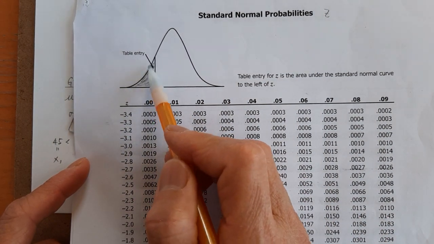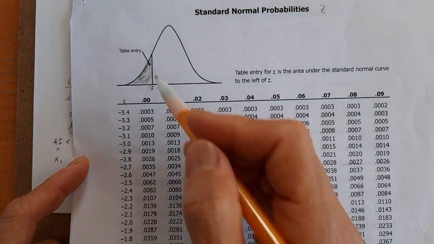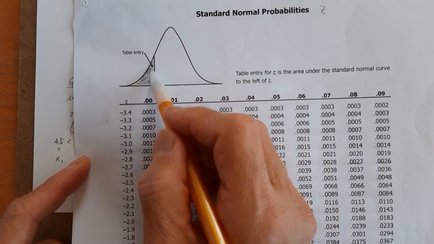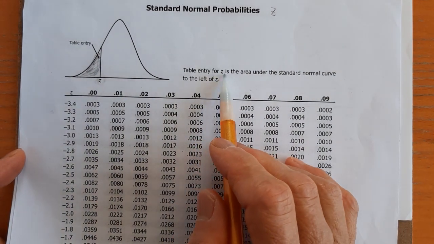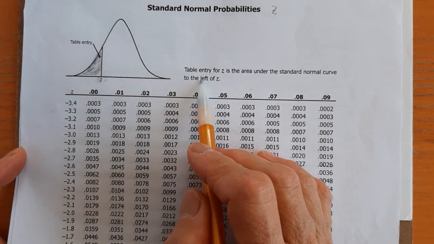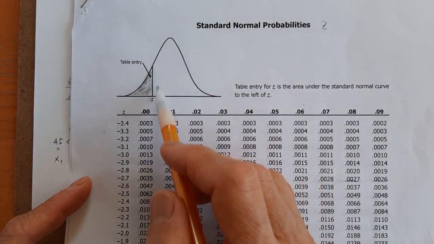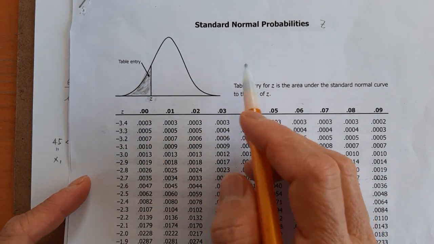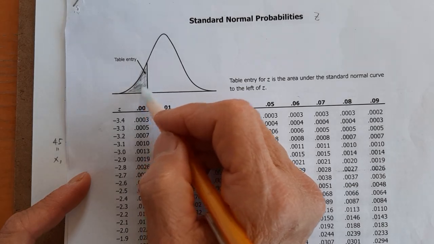The table entry for Z is the area under the standard normal curve to the left of Z. This is a standard normal curve, and this is to the left of it.